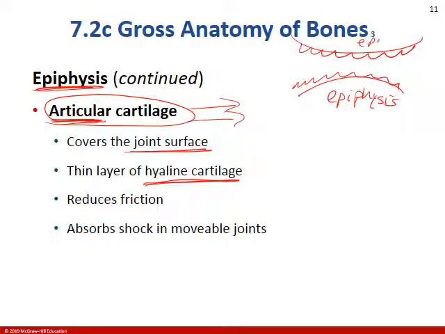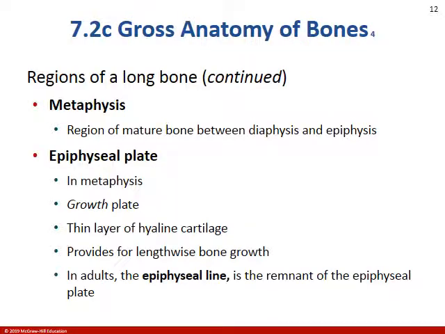This would be another bone. And this would be the articular cartilage. So you're always going to have hyaline cartilage on the outside of two bones that join together to reduce friction and absorb shock in these movable joints.